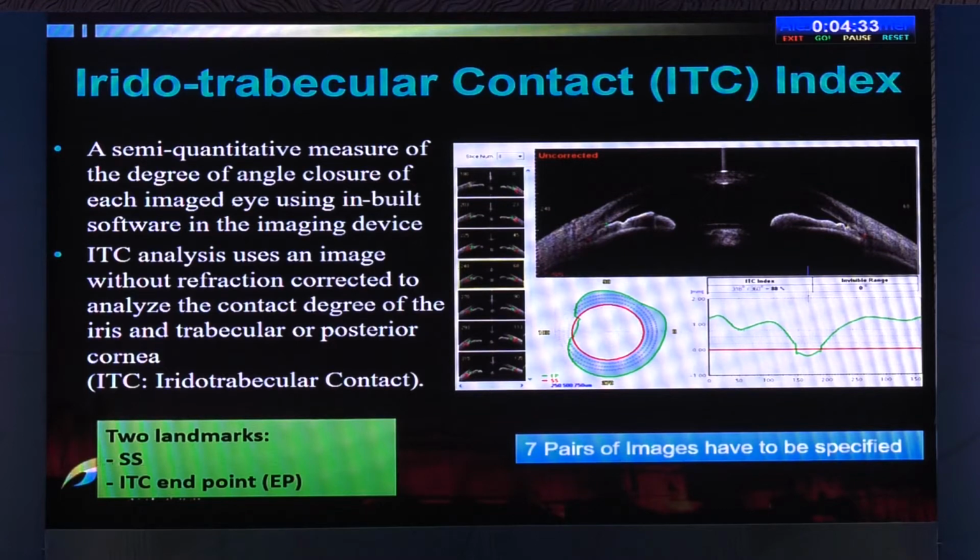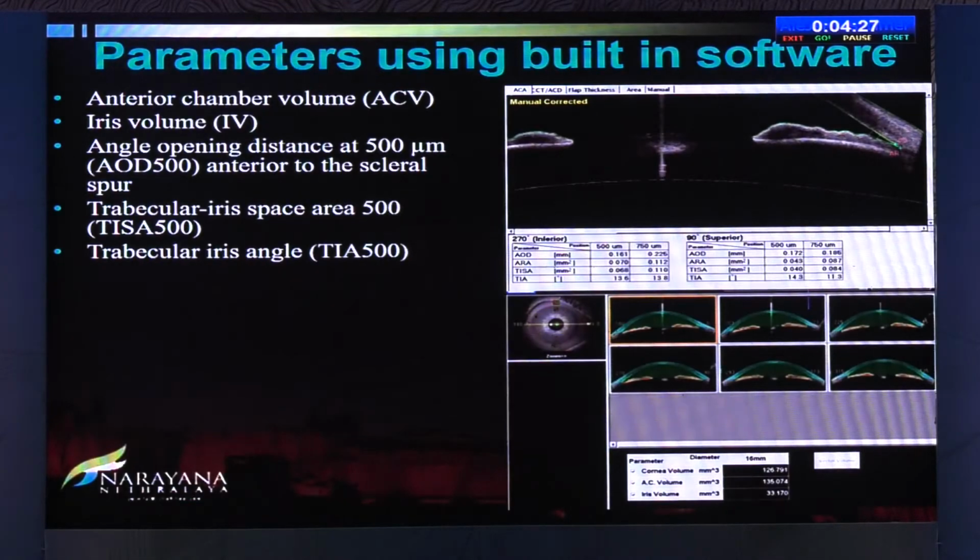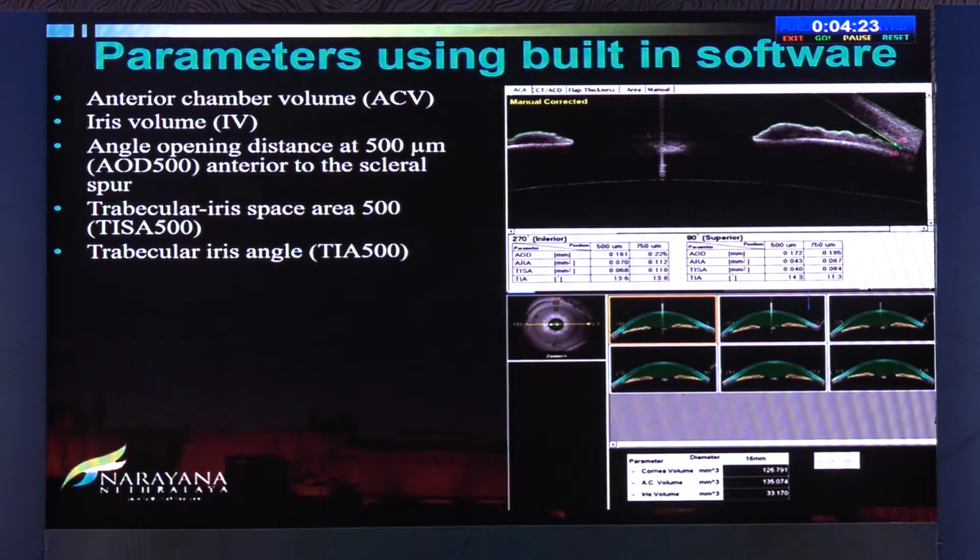Here there are multiple pairs of images that are specified, and then it gives you an idea about how much is the irido-trabecular contact. Again, some of the quantitative measurements that can be done by these OCTs are anterior chamber volume, iris volume, anterior angle opening distance, and trabecular iris space area.